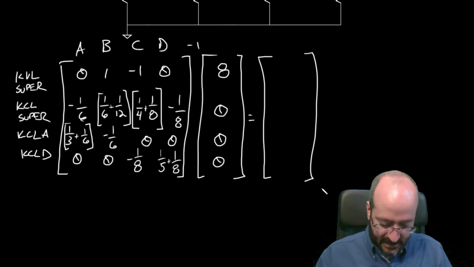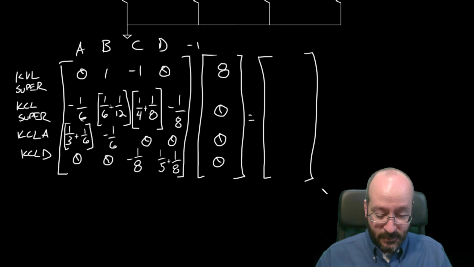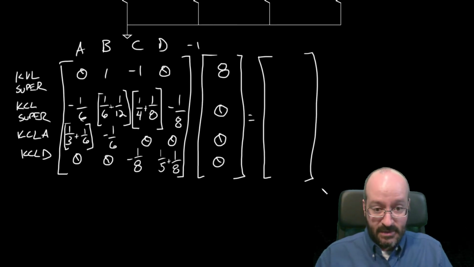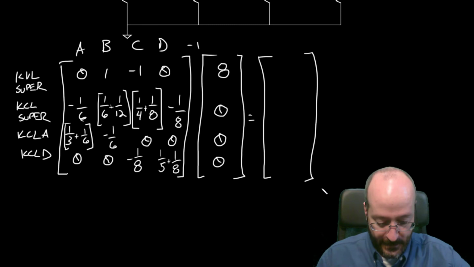This is the best part of the whole video. Negative 1, 6, 0, 0, 0, 0, 0, negative 8, 5 inverted, 8 inverted, and 0.